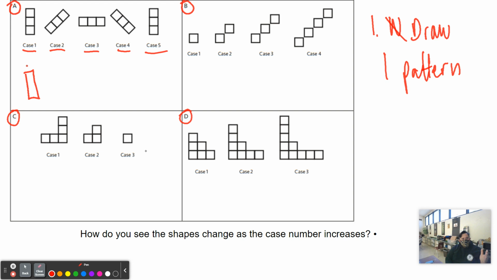So maybe one way to draw that would be showing a rotation like that. If you know how much it's rotating, maybe you want to put that. It looks like kind of like 45 degrees. I don't know. But I want you to use drawings and visuals to show me what you see. How do you see the shapes change as the number increases? Visual is great. If you have to use words, that's fine too.